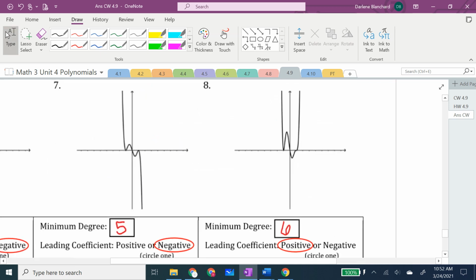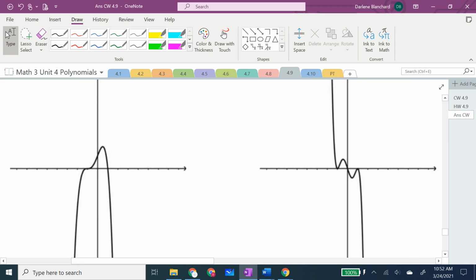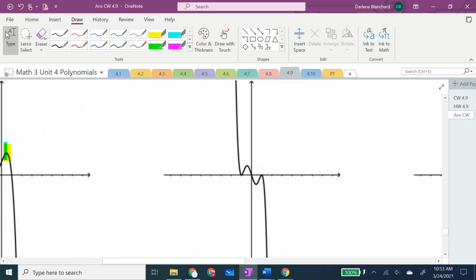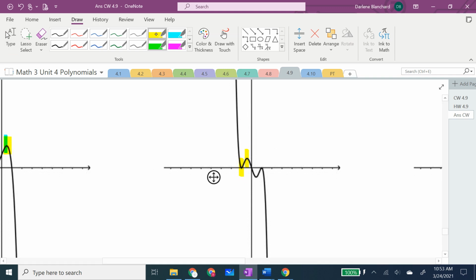And now let's look at these last ones. I have a relative maximum and a wiggly bit. So that's going to be 1, 2, 3, plus 1 is 4. Over here, I have a relative minimum, relative maximum. Now, do you see that it's slicing? If you look right in the middle, it's slicing through 0. It's not wiggling through. So that's not going to add to the count.